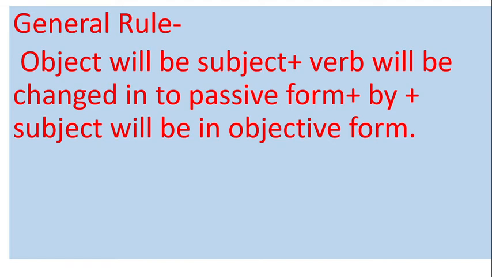For example, I is changed into me, we is changed into us, you is changed into you, he is changed into him, she is changed into her, and they is changed into them.